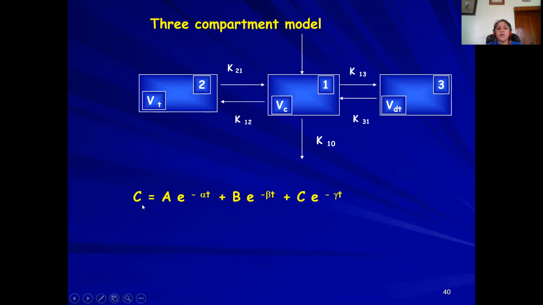That is C is equal to A into e to the power of minus alpha t plus B into e to the power of minus beta t plus C into e to the power of minus gamma t, where alpha, this portion gives you information about the distribution into the tissues, beta about the elimination, and gamma, this parameter about the deep tissue distribution.